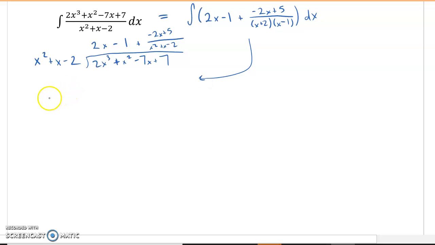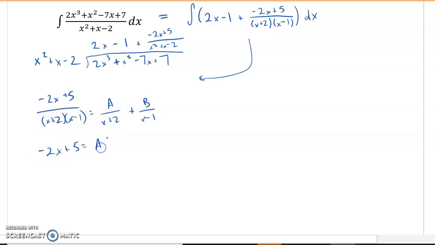And now we've got something we can integrate and something we can integrate and something that we need partial fraction decomposition for. So we'll take negative 2x plus 5 over x plus 2 times x minus 1. That's going to equal a over x plus 2 plus b over x minus 1. So negative 2x plus 5 equals a times x minus 1 plus b times x plus 2.